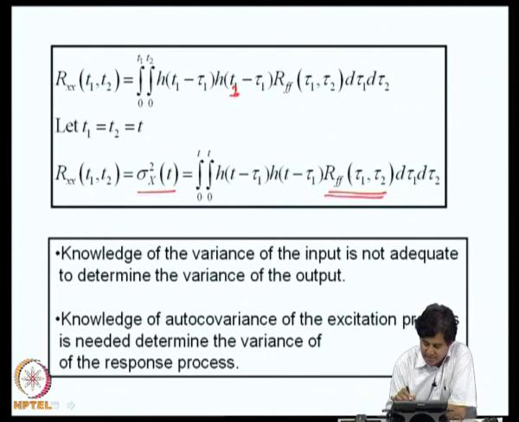Given the variance of excitation, you cannot find the variance of the response. To find the variance of the response, you need the autocovariance of the excitation. But if you are interested in the autocovariance of the response, the autocovariance of excitation is adequate. So, knowledge of the variance of the input is not adequate to determine the variance of the output.